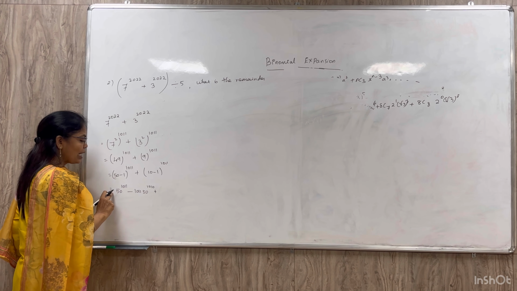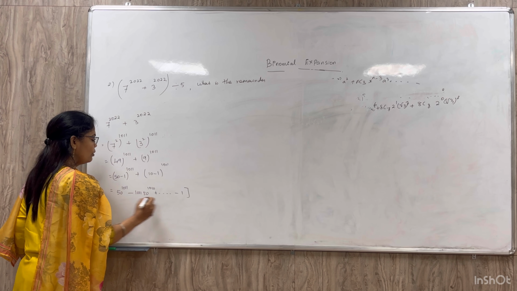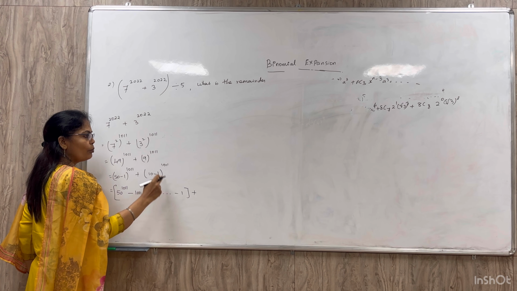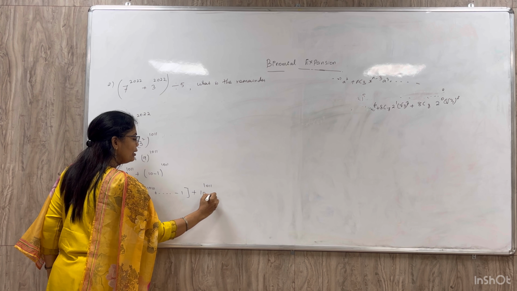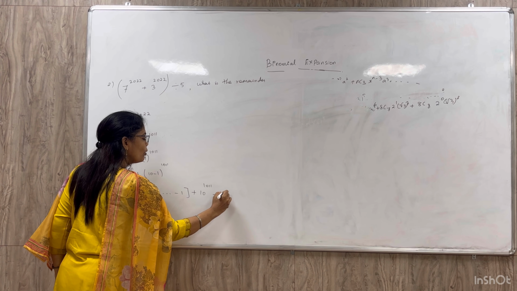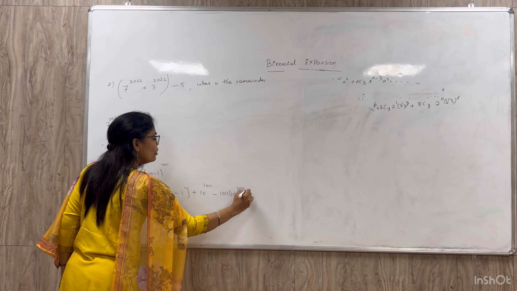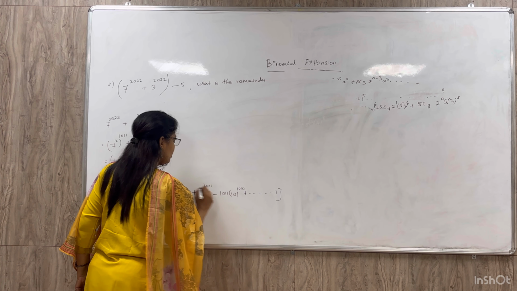Next term is plus, start with plus, then minus, then plus, it goes, minus 1. Okay. Next this 10 minus 1 whole power 1011, this also I am writing as 10 to the power 1011 using the binomial. Now 1011 into 10 to the power 1010 plus, this keeps going, and minus 1.